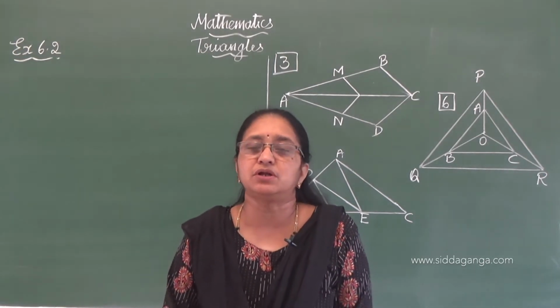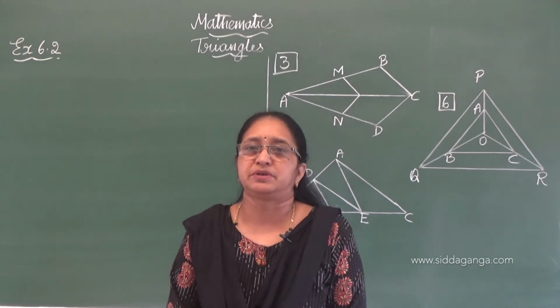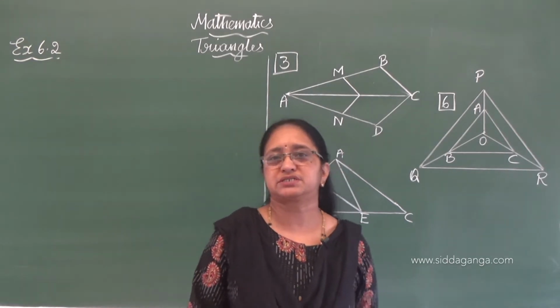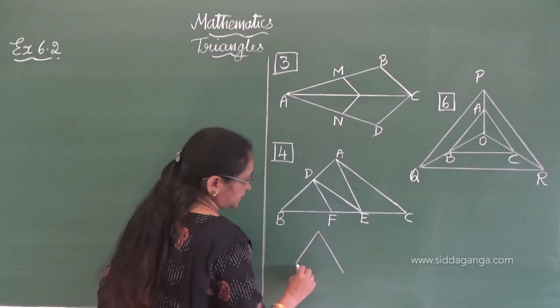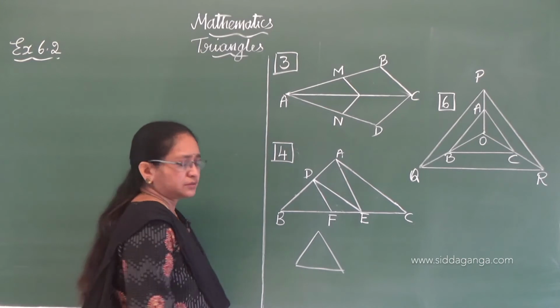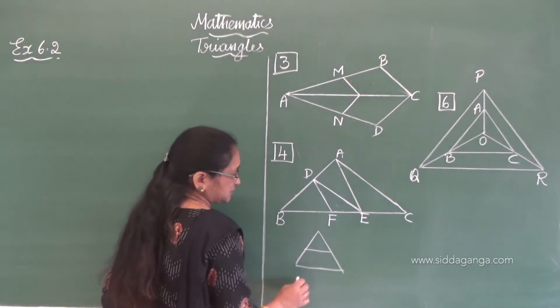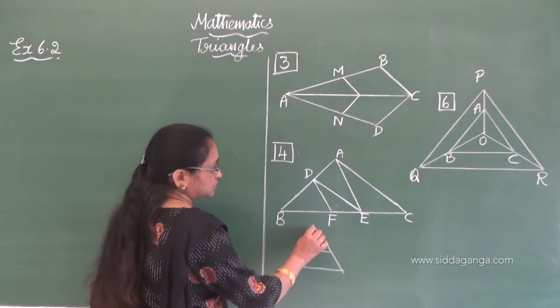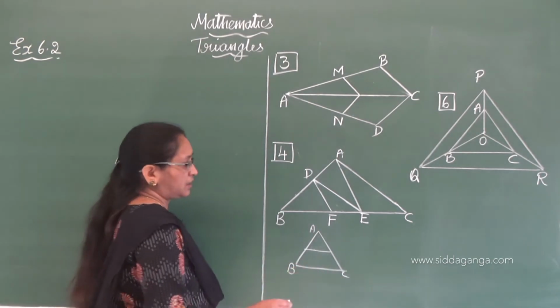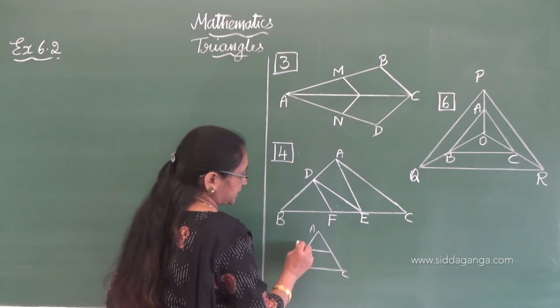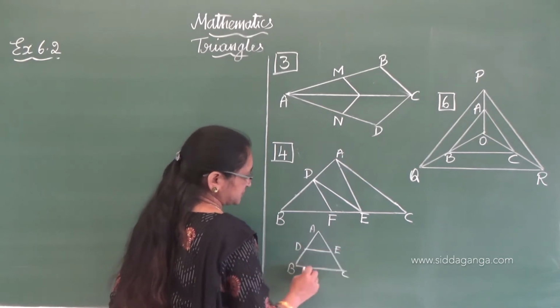I hope you can recall the BPT, that is the basic proportionality theorem. Suppose in a triangle a line is drawn such that it is parallel to one side of the triangle, and this line, that is DE, is parallel to BC.